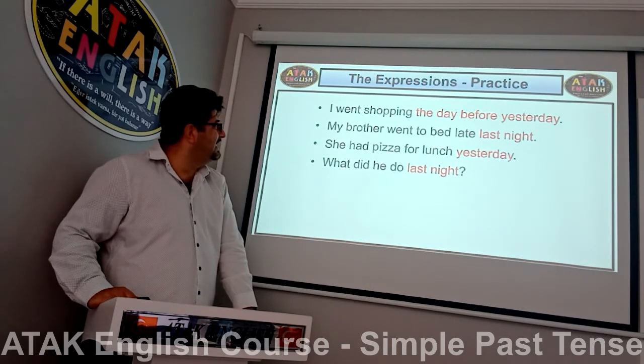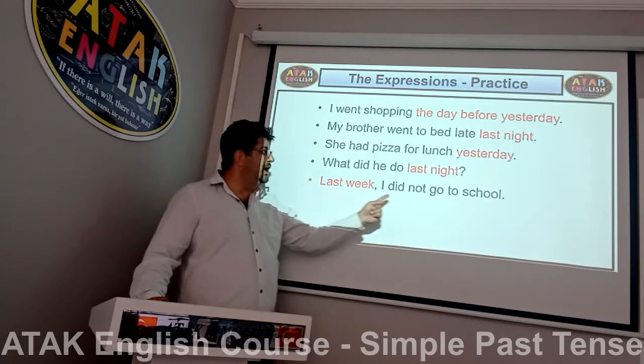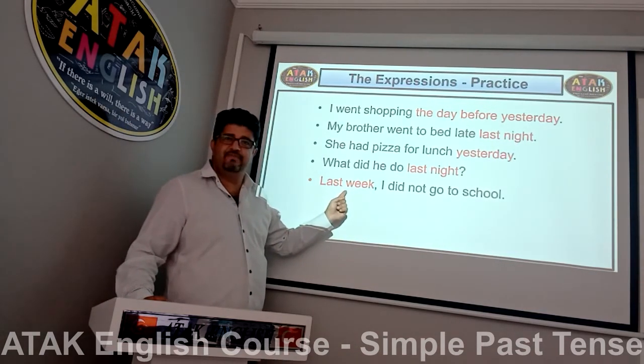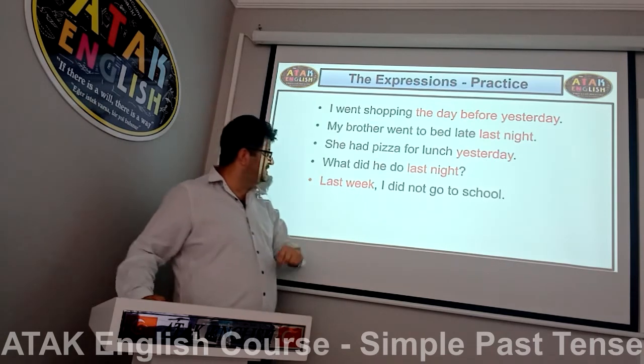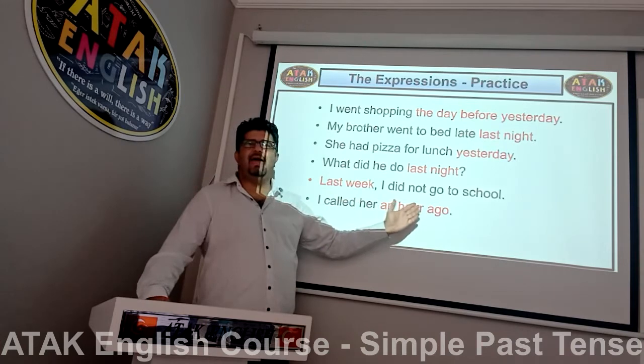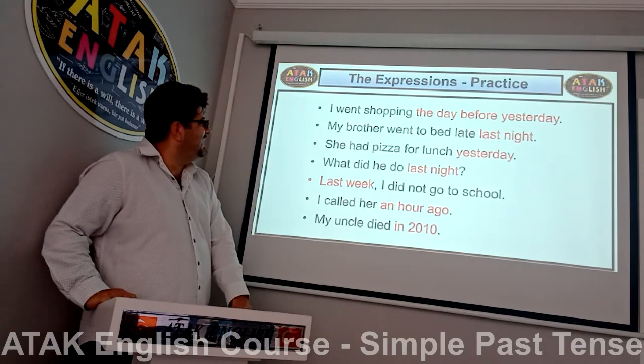What did he do last night? Last week, I didn't go to school. This time expression is put at the beginning of the sentence and separated with a comma. I called her an hour ago. My uncle died in 2010.